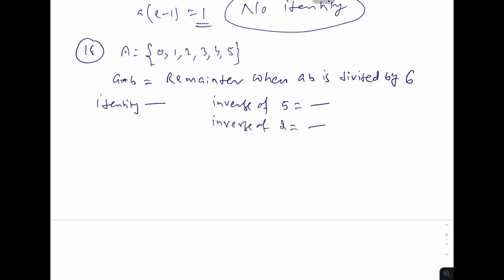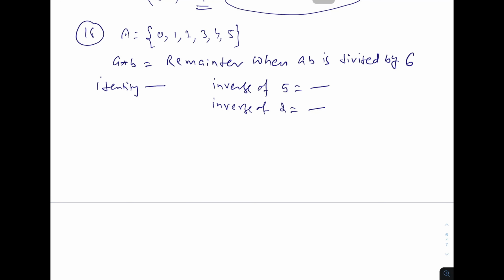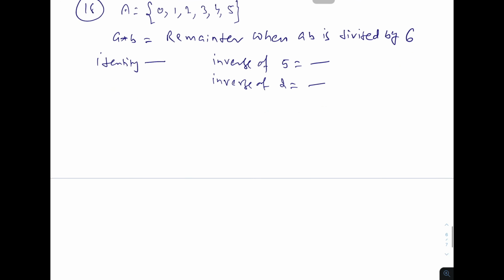Very quickly either you can make the table in this kind of example, or you can easily find out the identity element. So identity element here will be 1. Okay, or easy to find out the table very quickly. So if you want, you can write the table in this way.